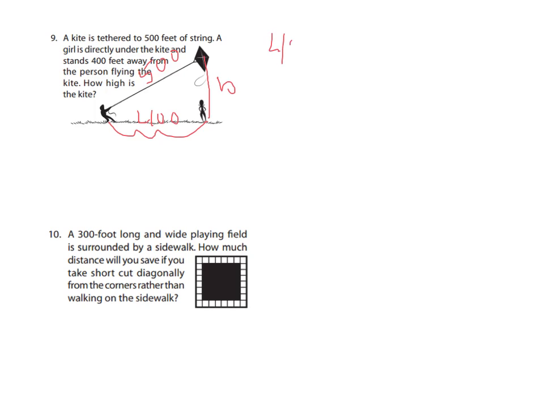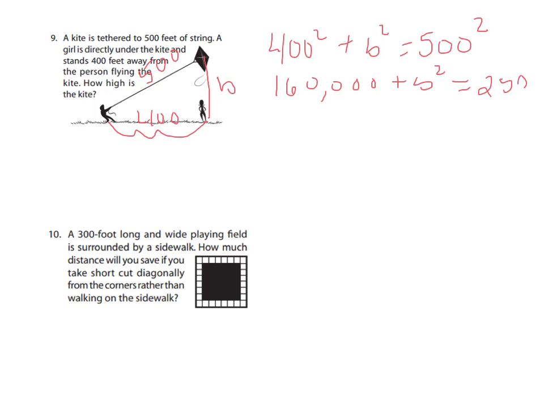So our equation is going to be 400 squared plus B squared equals 500 squared, because the hypotenuse is 500. So when I square 400, I get 160,000. Now we're dealing with some big numbers. Plus b squared equals 500 squared, being 250,000. Apologize for that.